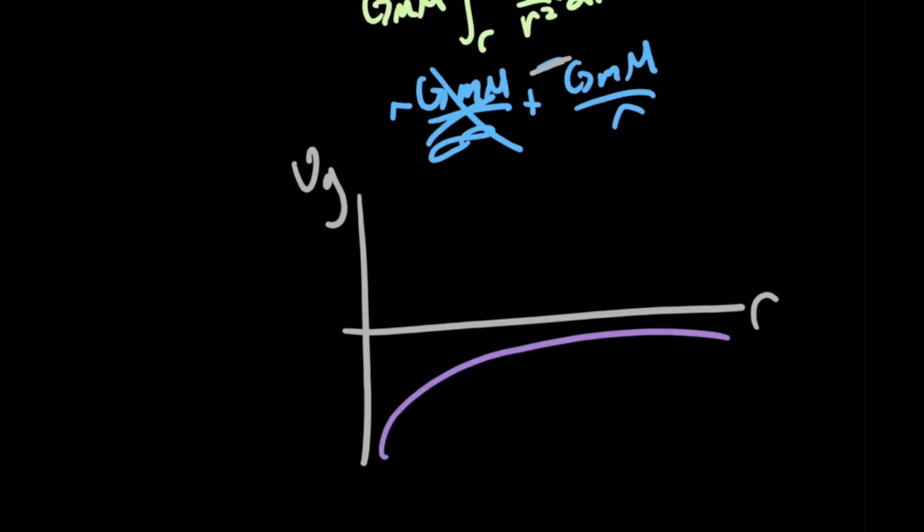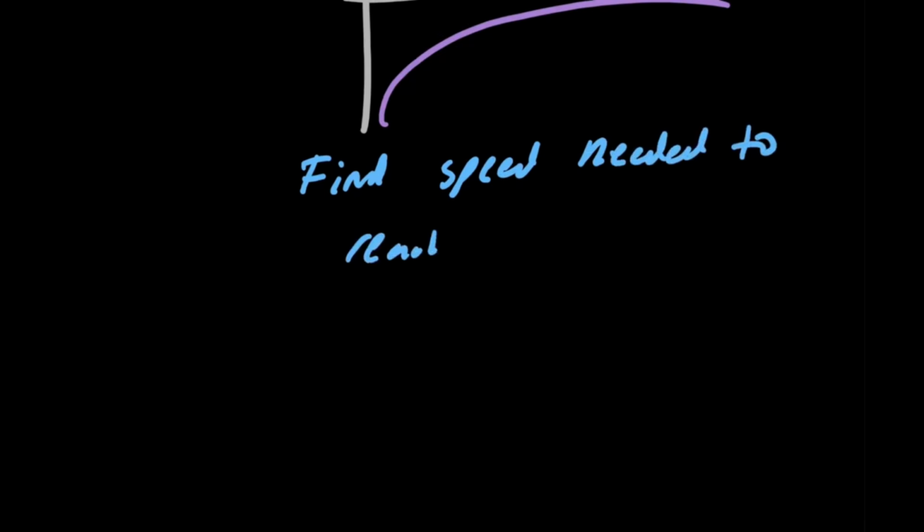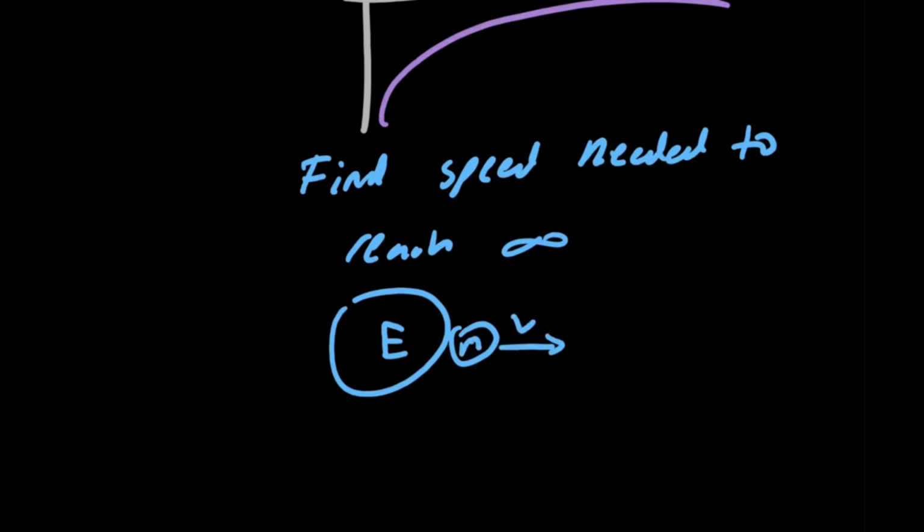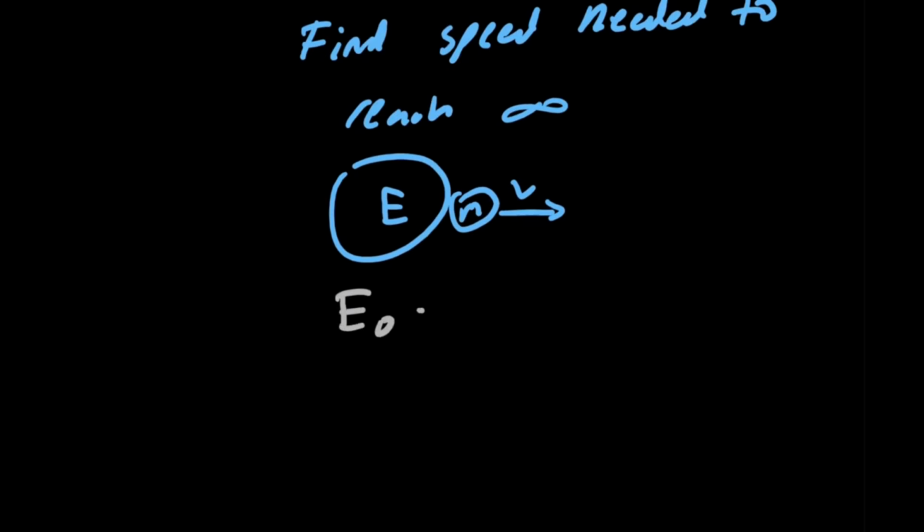Let's apply this idea really quickly to something called escape velocity, where we're trying to find the speed needed to reach infinity. So let's say I have the Earth right here, I have a little mass right here, and we're trying to get the velocity that we need to leave the Earth. So let's say that E0 equals Ef, always a good way to solve a problem.